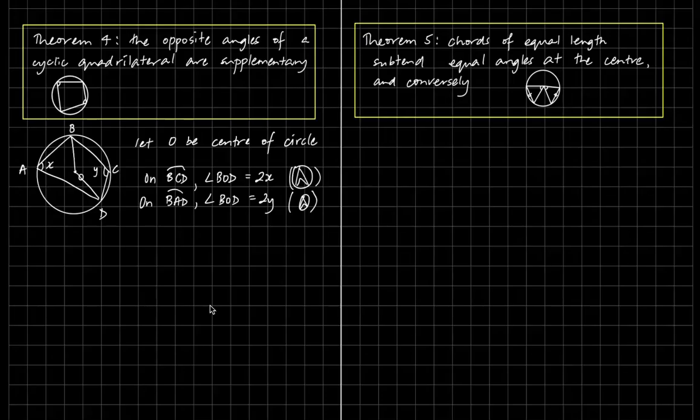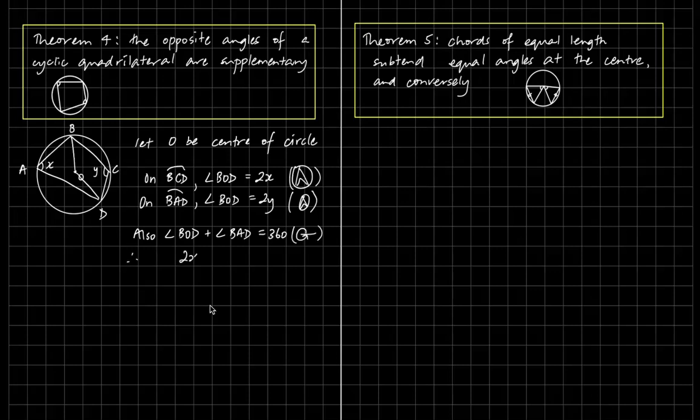But we also know that angle BOD plus angle BAD is equal to 360, because it's a complete revolution. So it's equal to 360 because it's the angles in a revolution.